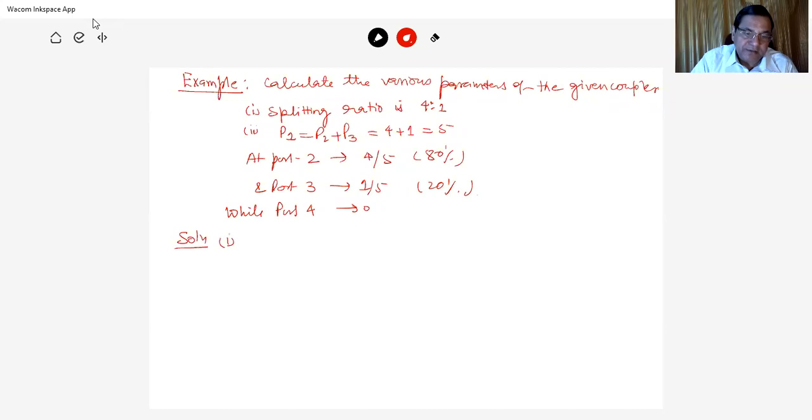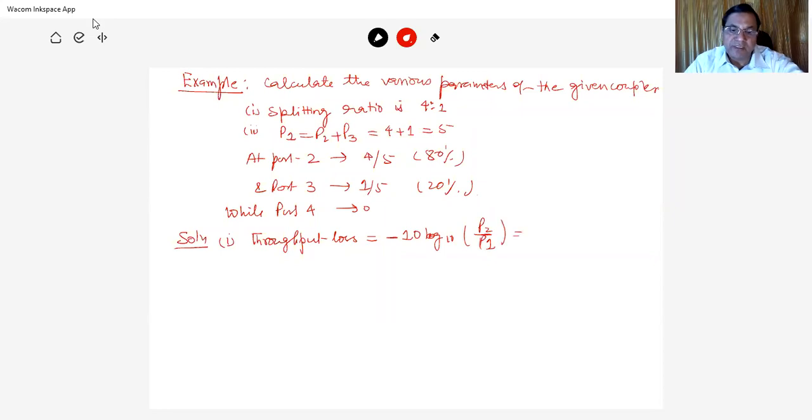Solution. First is throughput loss, which is minus 10 log base 10 P2 upon P1, that is minus 10 log 4/5. So this is 0.97 dB.